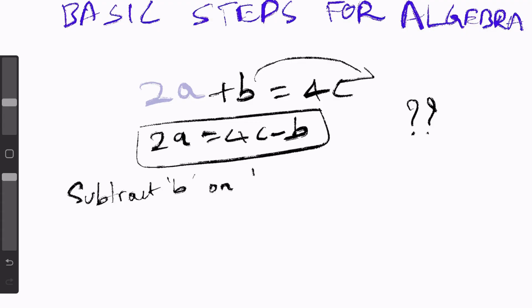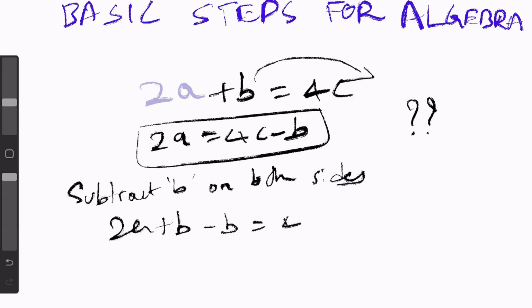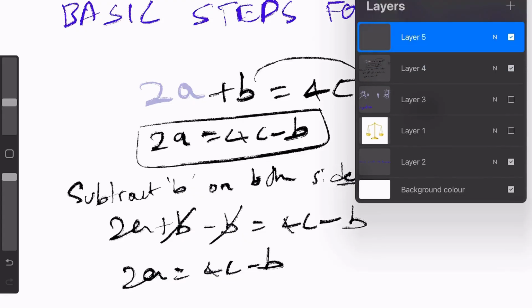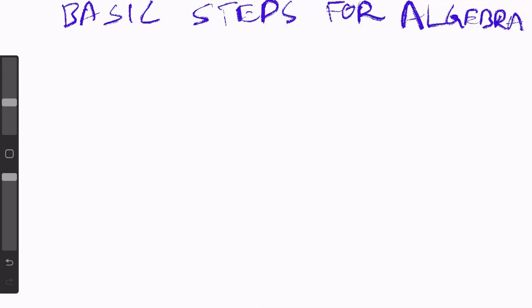Whatever we do, we need to do the same on both sides, right? So here we are subtracting b on both sides. In LHS, 2a plus b minus b equals 4c minus b. What do we get? 2a equals 4c minus b. So that's what we got.